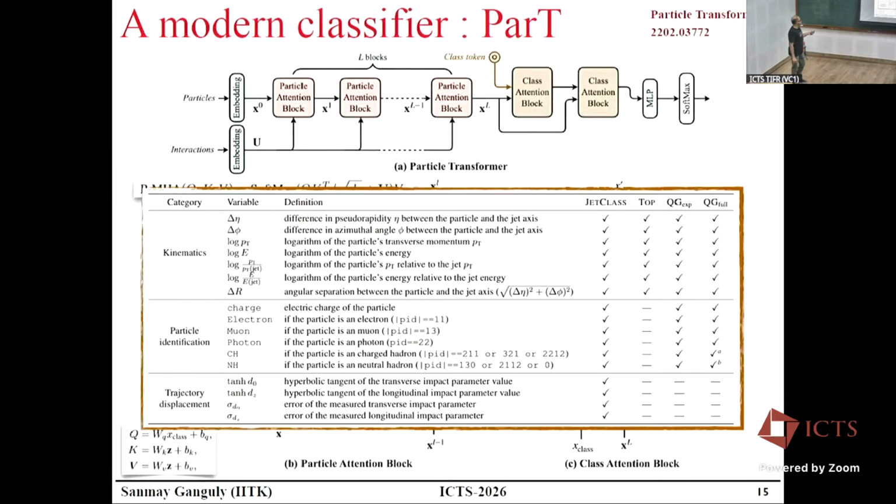Let's look at this. It contains kinematics, but it also has the particle identifications. And then if there are associated tracks, you start putting in the perigee parameters of the tracks in order to identify how much it has bent in the magnetic field, things like that.